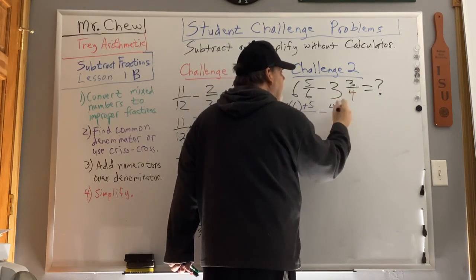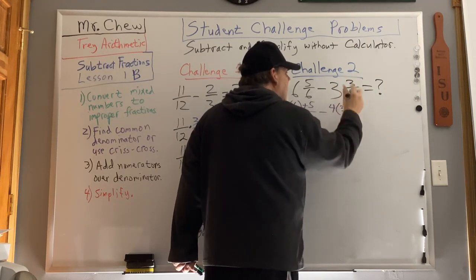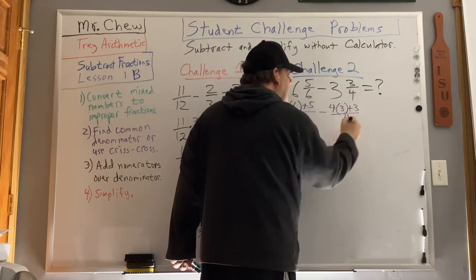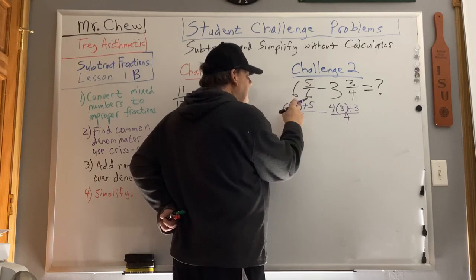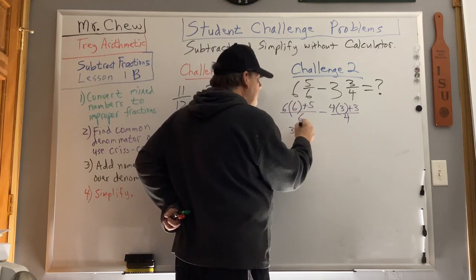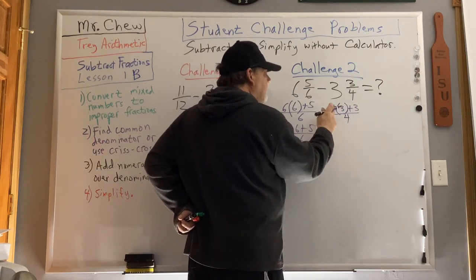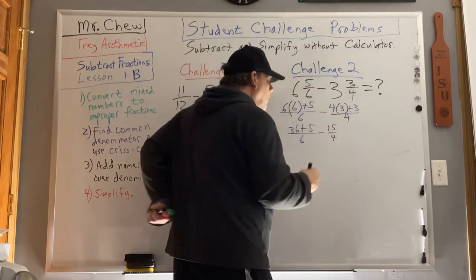The denominator of 4 times the whole number of 3 plus the remainder of 3 over the denominator. All right, now I have to simplify these. So 6 times 6 is 36 plus 5 over 6. Minus 4 times 3 is 12 plus 3 is 15 over 4.